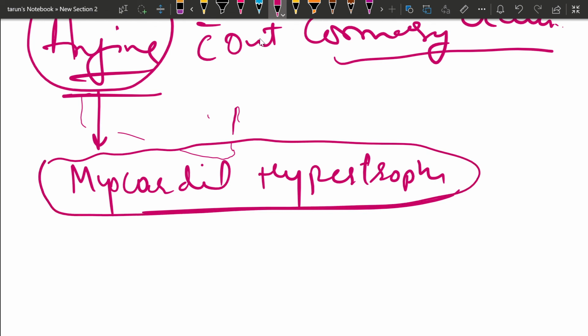Severe myocardial hypertrophy is there, and it is causing the angina.